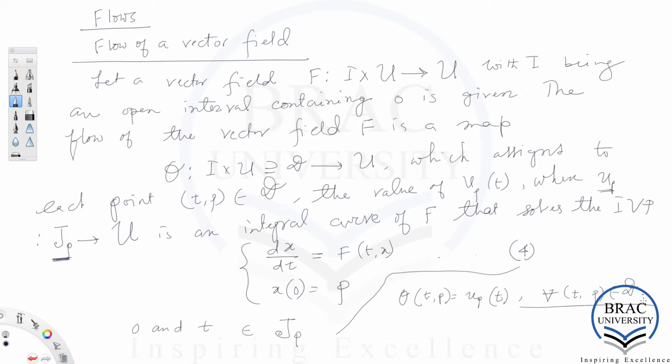So we'll be given a vector field first, f from I cross U to U, and the flow of that vector field will be a map from the domain D to the open set U, so that the image of the flow map should be given by the integral curve that solves this initial value problem.